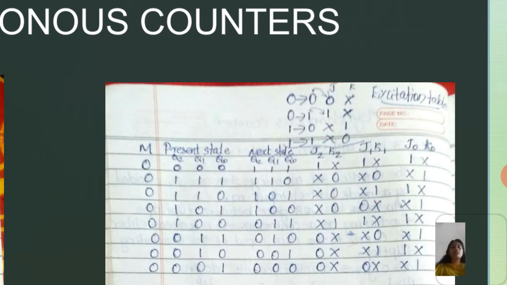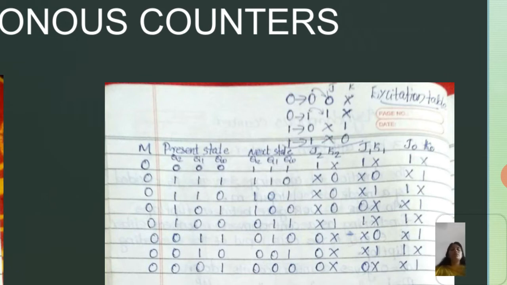Here the excitation table is just the reverse of the truth table of the JK flip-flop. Here you can see 0 is mapped to 0, 0 is mapped to 1, 1 is mapped to 0 and 1 is mapped to 1. This combination gives you the present state, which moves to the next state, that is 0 of the present state.